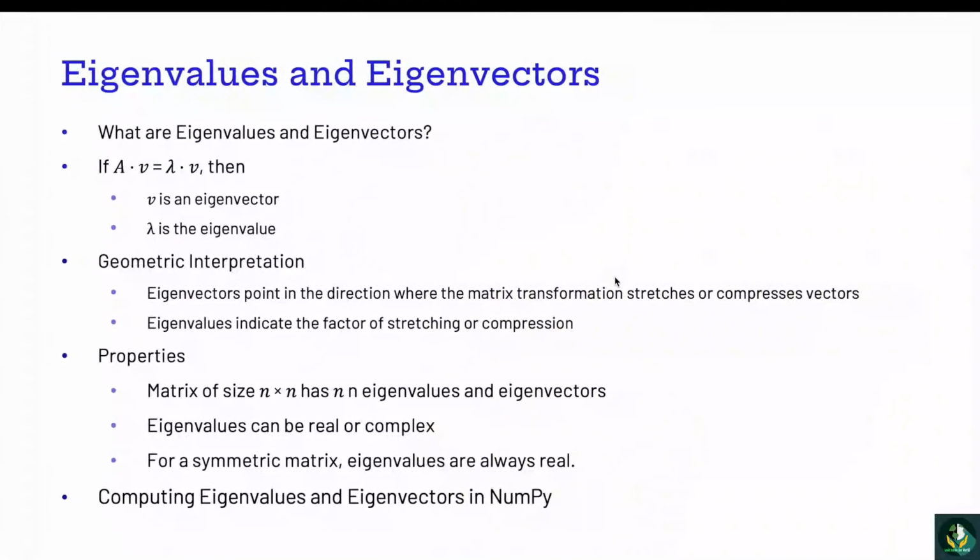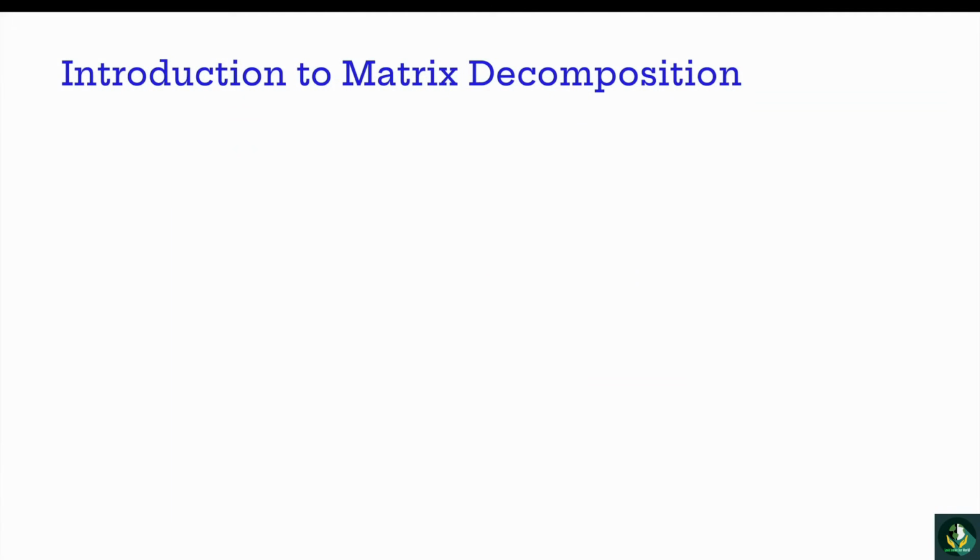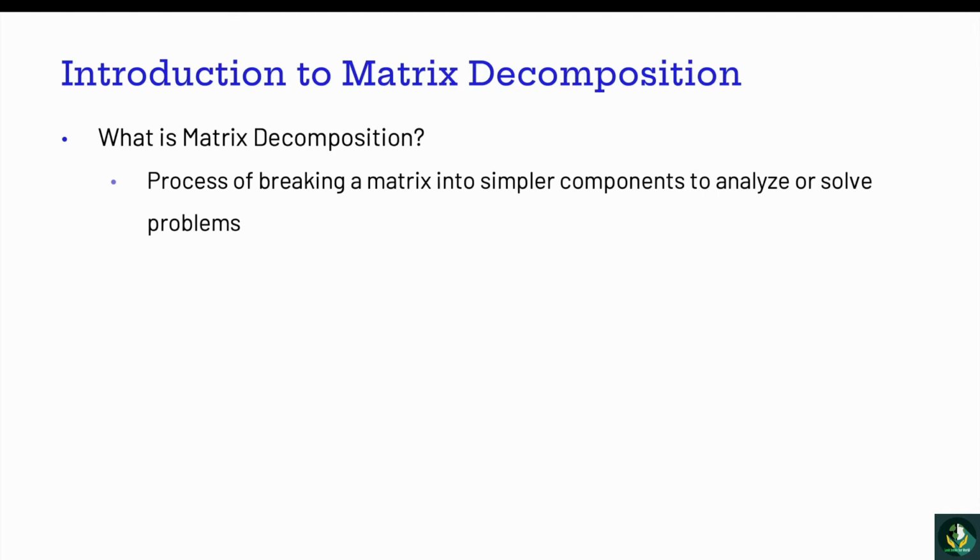Next, I want to talk about an introduction to matrix decomposition. Now first, what is matrix decomposition? Matrix decomposition is a process of breaking a matrix into smaller components to analyze or solve problems. Now for that we have singular value decomposition, or SVD.